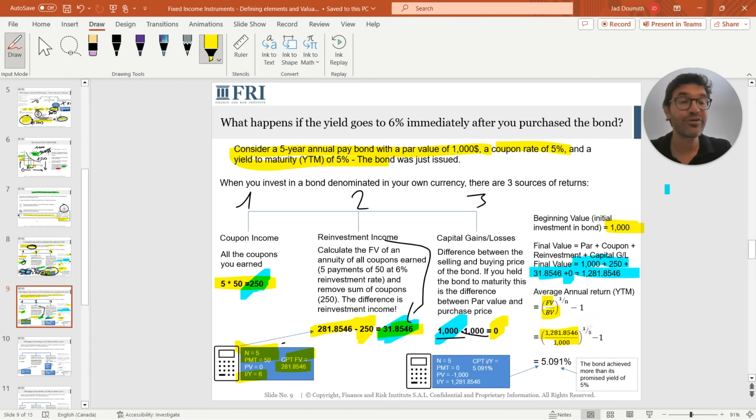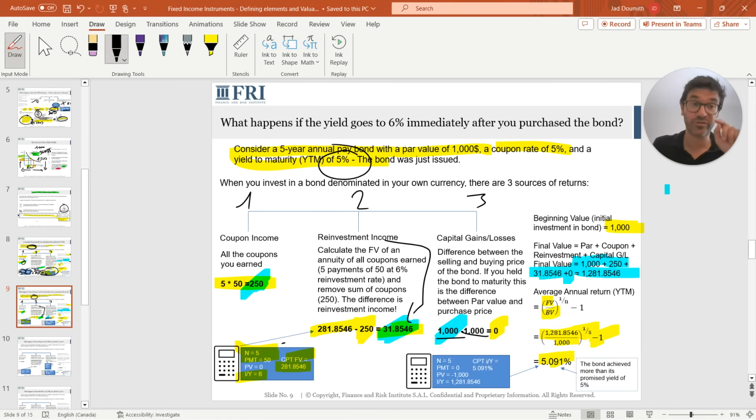I did that over 5 years. So by raising to the power of 1 over 5, we are calculating the average annual return over that 5-year period. And of course, we remove the 1, which is the original capital, to isolate the annual profit. 5.091%. We have achieved more than the promised yield of 5%.